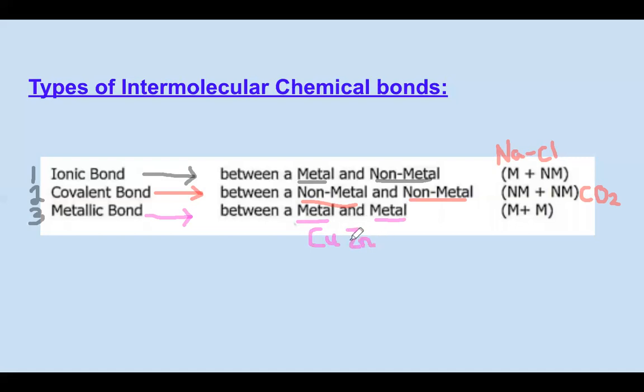So the bond between copper and zinc is called a metallic bond. In the next slides, we will see one by one. We will see ionic bond first, how it is formed, and we'll see all the details. Then we'll move on to covalent bonding.